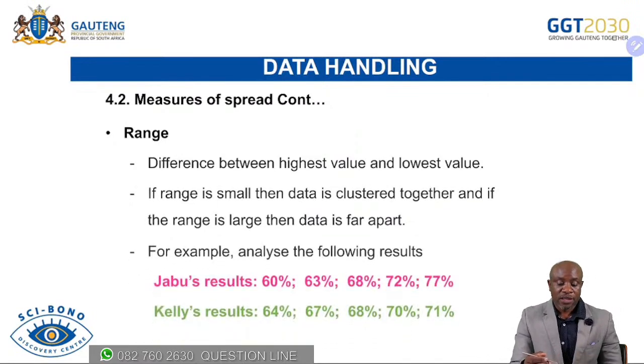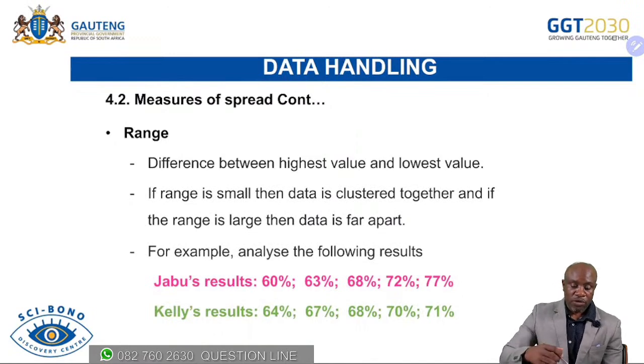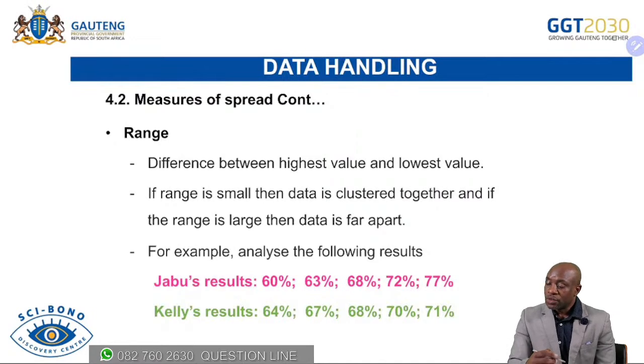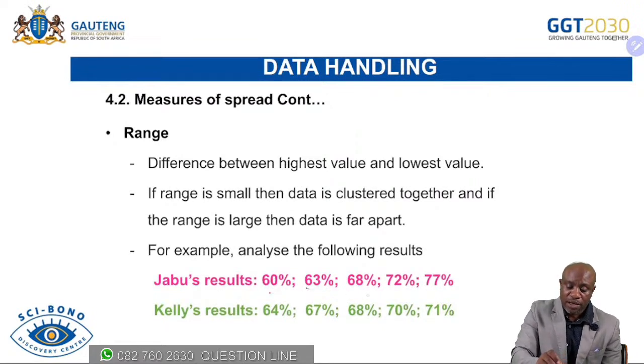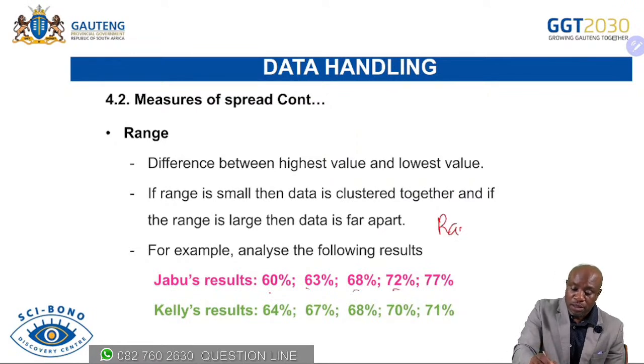Now, for example, we're looking at Jabu and Kelly's results. So if we look at the range of Jabu's results, they are already written in order: 60, 63, 68, 72. So the range for Jabu will be 77 minus 60, which means it's 17%.